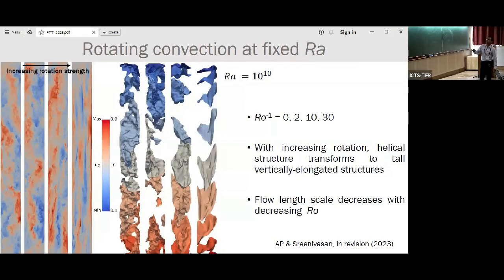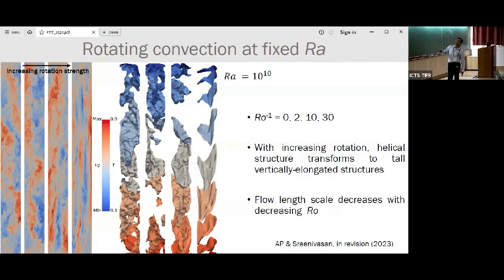So this is again increasing rotation strength for a given Rayleigh number. This is the non-rotating case. We have three-dimensional temperature and three-dimensional velocity fields, but due to the Taylor-Proudman constraint, with increasing rotation we have increasingly two-dimensional velocity and temperature fields.